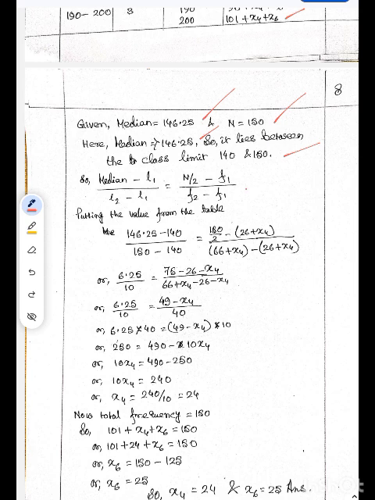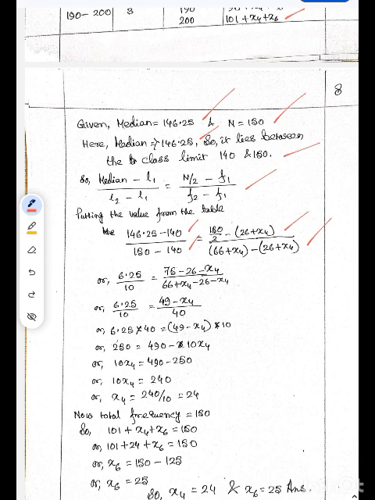Therefore putting in the formula, 146.25 is our median, L1 is 140, and L2 minus L1 equal to 150 minus 140, and thereafter putting the values on the right hand side, that is N equal to 150, 150 by 2, F1 equal to 26 plus x4, and F2 equal to 66 plus x4, minus 26 plus x4. Okay, please check it with the earlier page from the table.